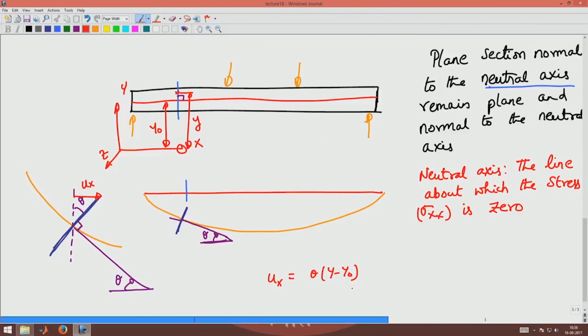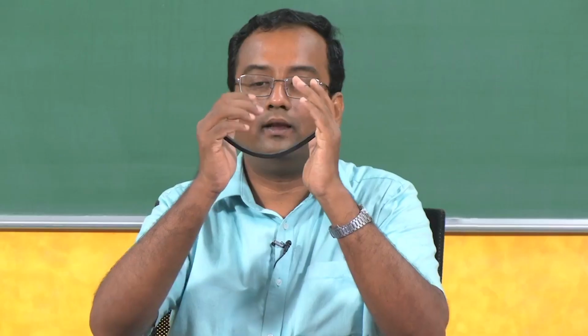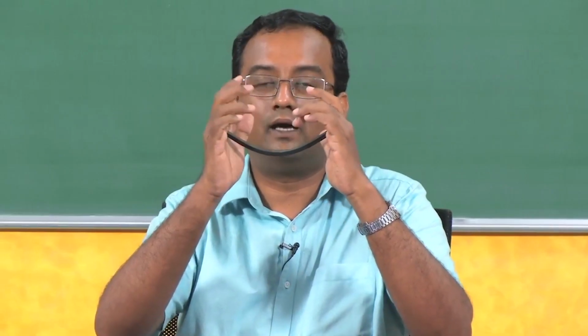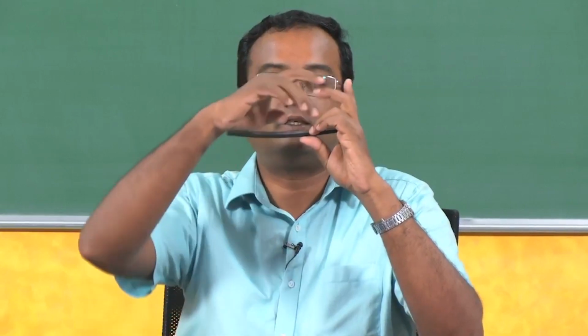Now, if this vertical deflection down here is delta, delta is a function of x, because as I bend the beam, the vertical deflection is not the same at different points. The vertical deflection varies along the axis of the beam, hence this delta is a function of x.